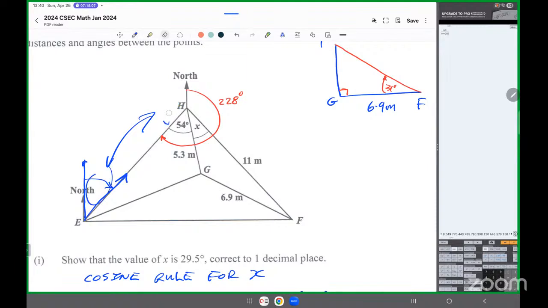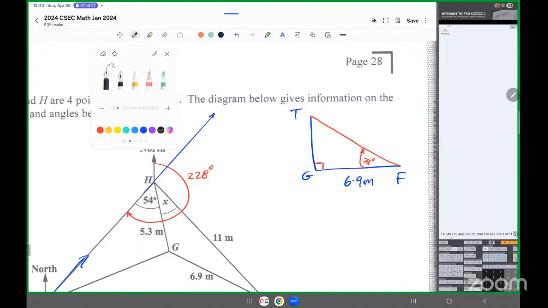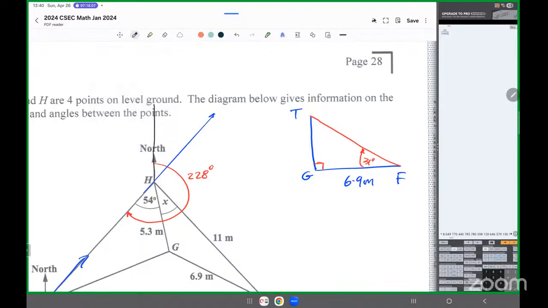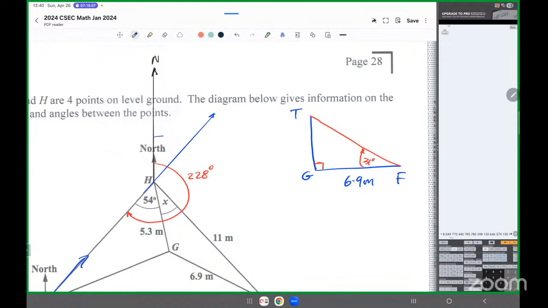But you can get it more easily by recognizing that this direction down here is the same direction if I extend this line up here. I want the bearing of that direction. If I extend this north line up here so you can see it, you're still talking about this angle right here.